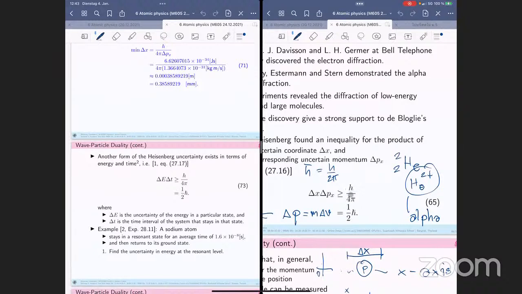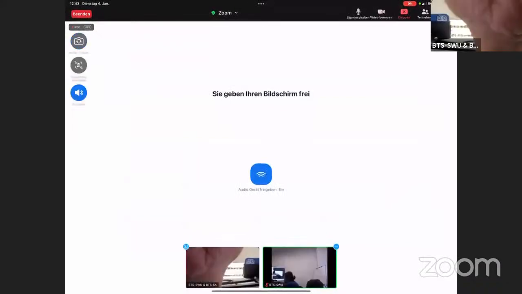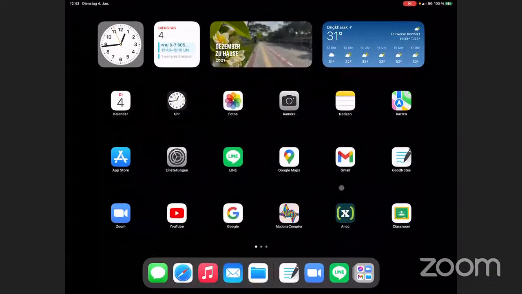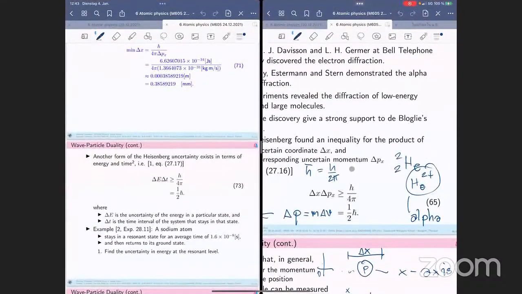Okay, I'm not sure whether anyone wants to join, because in M605 usually you want to join the Zoom meeting anyway. Yeah, but this one is a variation, okay? It's a little bit different from 65.